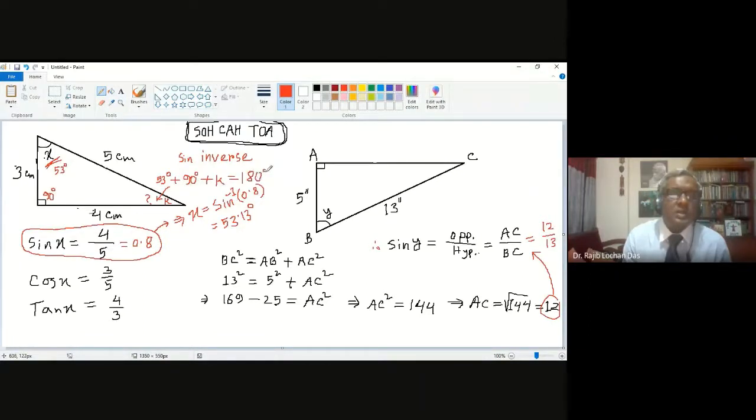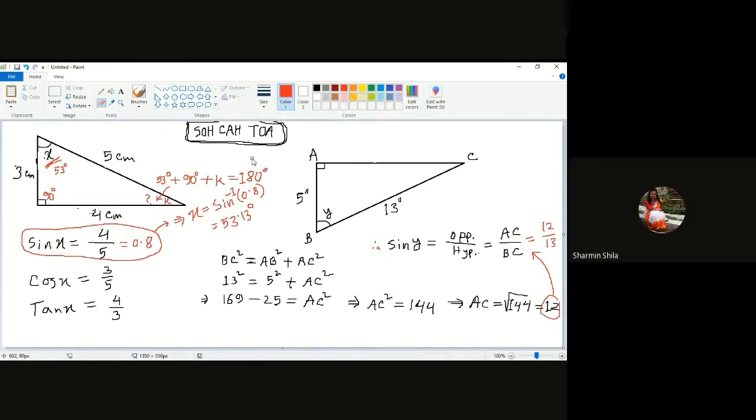This is the law, this is the fact about a triangle, right? So you can easily find out the third angle. It is not a problem, right? Isn't it correct? Yes, sir, 37.